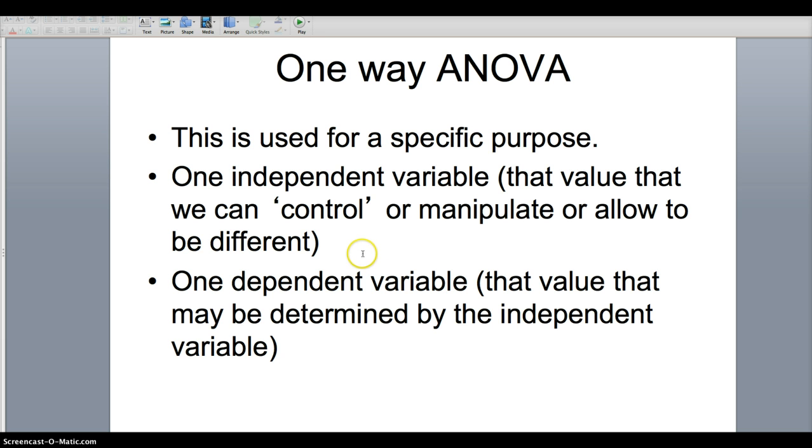The dependent variable is the value that may be determined by the independent variable, so in this example, that would be the PSAT scores. So I want to know if there's a difference in the PSAT scores based upon what classification the students are at. In other words, does being older have a different impact on the PSAT scores the students get?